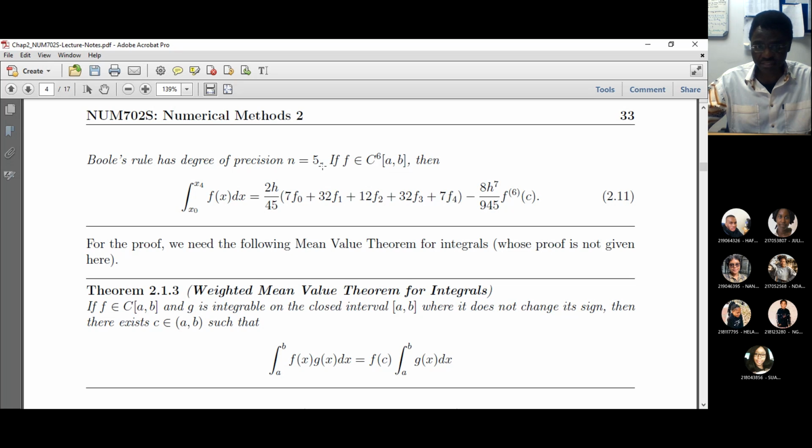When I talk about accuracy, yes, I mean the degree of precision. And why is it important? Because remember the numerical method, as I mentioned in the first semester, usually we approximate using what? Polynomial. We approximate a function using a polynomial. So if I approximate with a polynomial of a certain degree, that polynomial is what will give me the degree of precision.